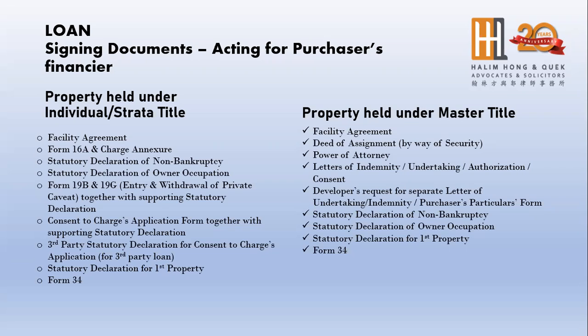Then power of attorney, indemnity, undertaking letter: all these are just in the event we cannot obtain the developer's confirmation or undertaking, so we prepare in advance. And if the developer requests a separate letter: SD, non-bankruptcy, owner occupation, and first property, Form 34 if relevant.